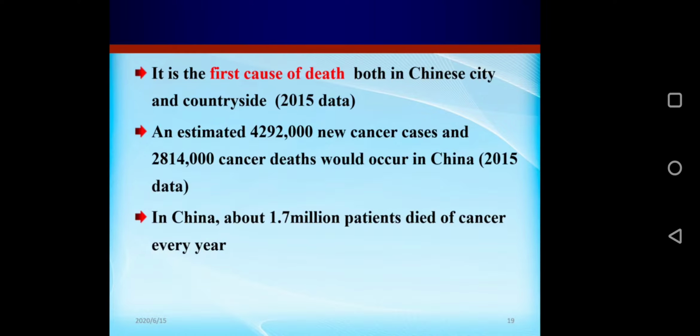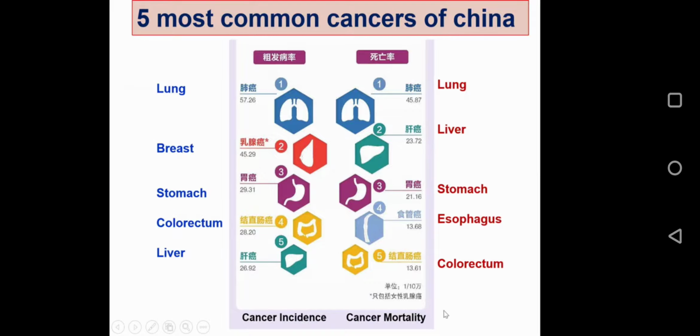It's the first cause of death, both in Chinese cities and countryside. This is the 2015 data. An estimated 5 million new cancer cases and 2.8 million cancer deaths occurred in China. In China, about 1.7 million patients die of cancer every year.